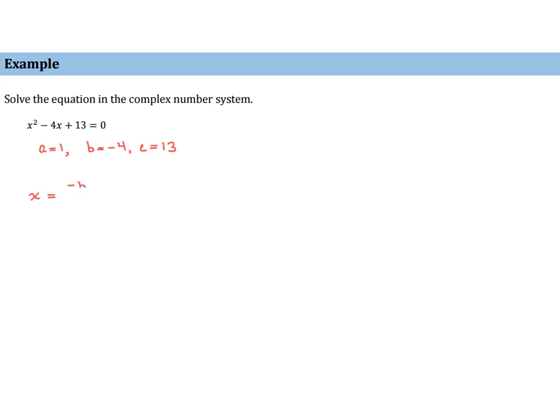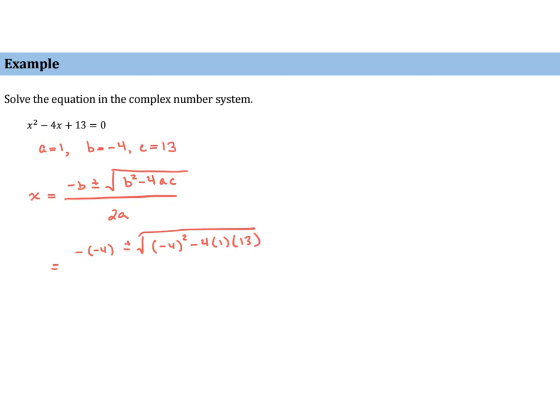So we have negative b plus or minus the square root of b squared minus 4ac, all over 2a. So x equals negative negative 4 plus or minus the square root of the square of negative 4, minus 4 times a times c, all over 2 times a.